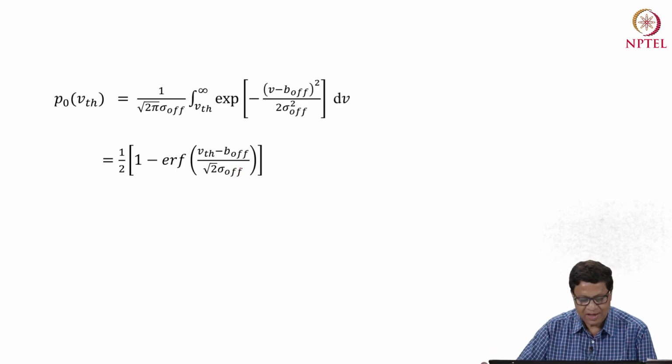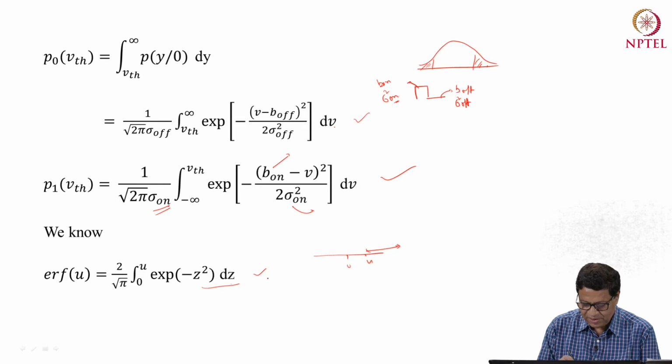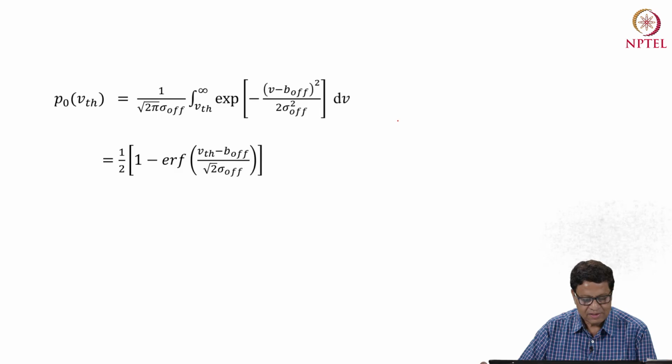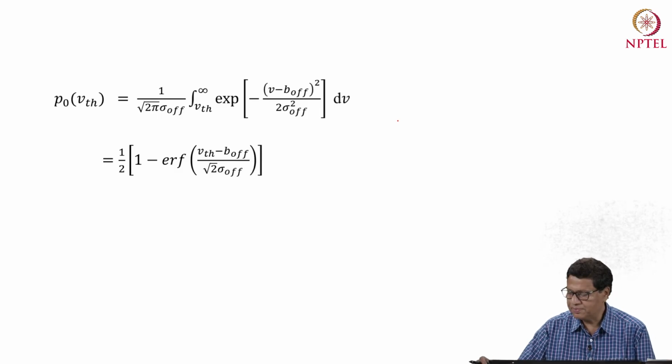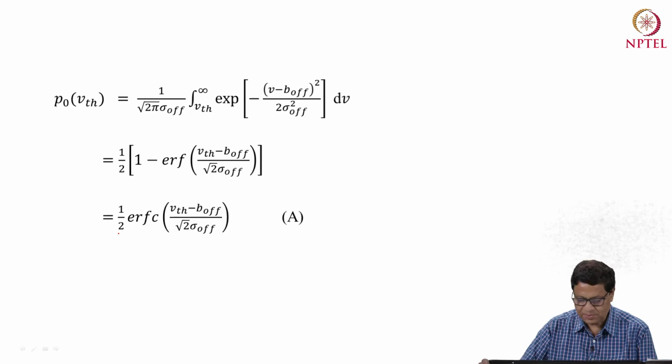So this has come from this equation. Basically this and this have been used to calculate the P0 VTH in the ERF form or error function form. And if you want to write in error complementary form, so this 1 minus ERF will be ERFC, and half ERFC of VTH is given by this expression.